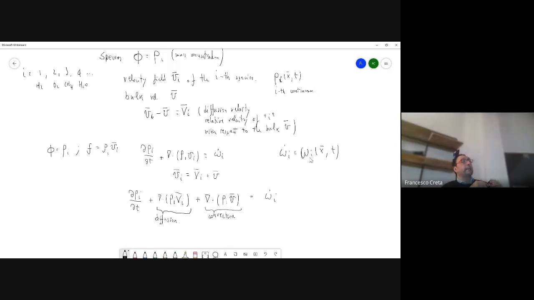And this, in fact, is related to some extent also to the fact that the creation of a uniform mixture, if you remember the very first part of the course, is spontaneous. So it's in the direction of a growing entropy.